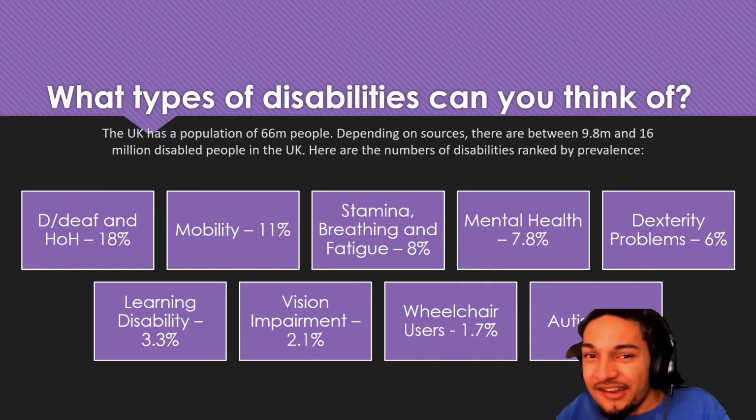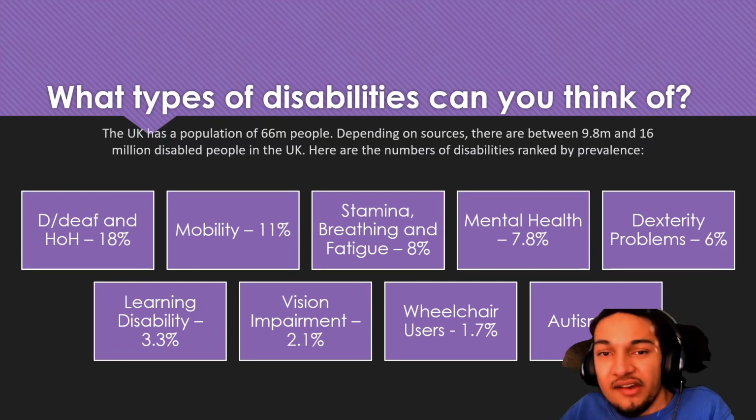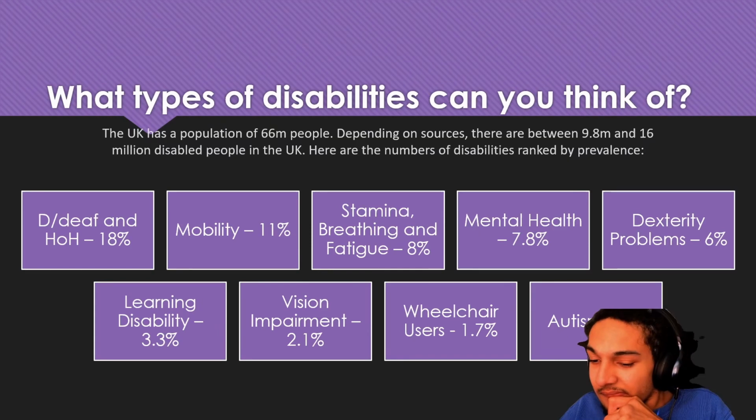Yeah, it surprises me too that 18%, is that right? 18% of disabled people, I think. I can't remember what it is now. But that's how it's split up. There's a lot of deaf people, and some of them identify as disabled, some don't.